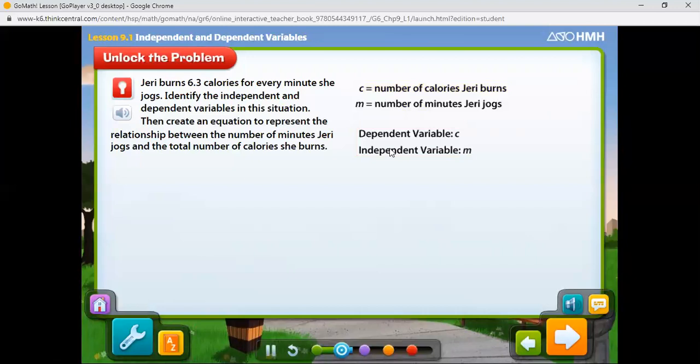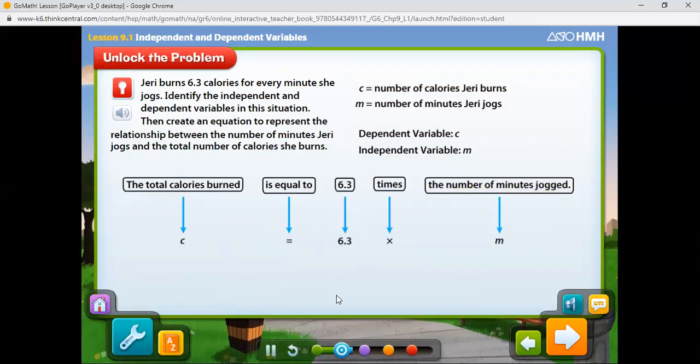The number of calories Jerry burns, C, depends on the number of minutes she jogs, M. This means C is the dependent variable and M is the independent variable. Now, let's create an equation to represent the relationship between C and M. The total number of calories burned is equal to 6 3/10 times the number of minutes jogged.